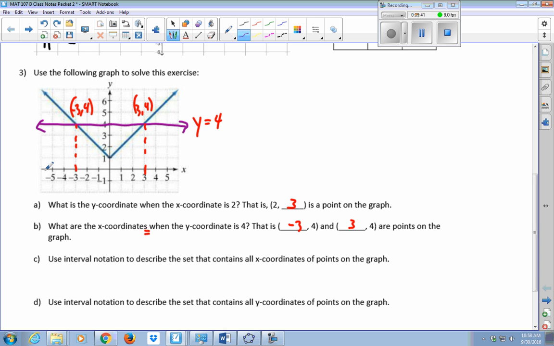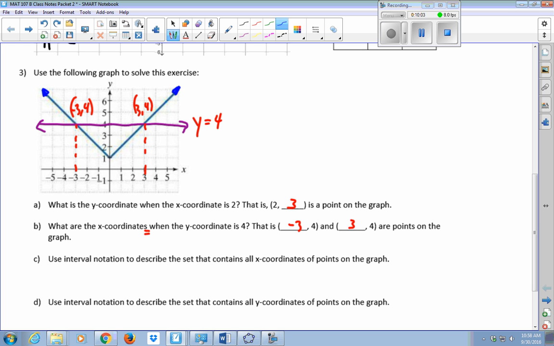But in reality, how far does this extend? Infinitely, because notice this graph continues in the direction of positive infinity and negative infinity. The lines are going straight up.